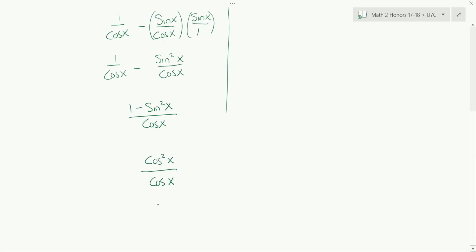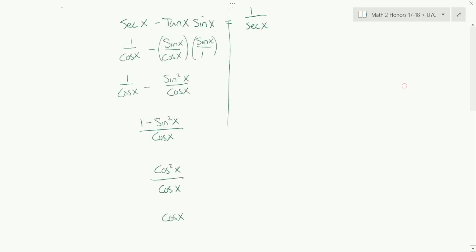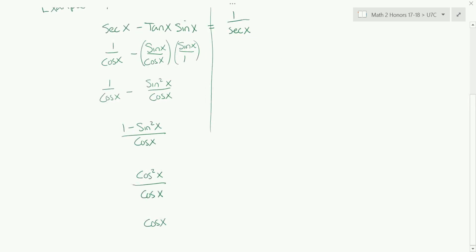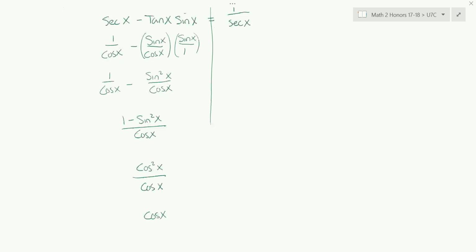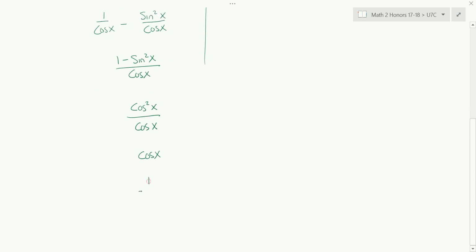Cosine squared x over cosine is just cosine of x. So now the left side is cosine x, the right side is 1 over secant x. You see how to go from one to the other? Yeah, cosine of x is equal to 1 over secant x. That's from the reciprocal identity.